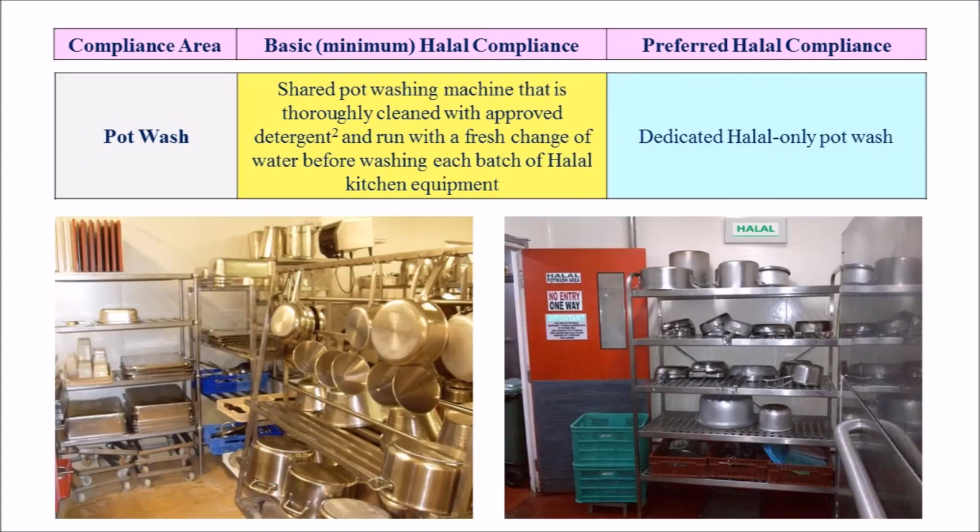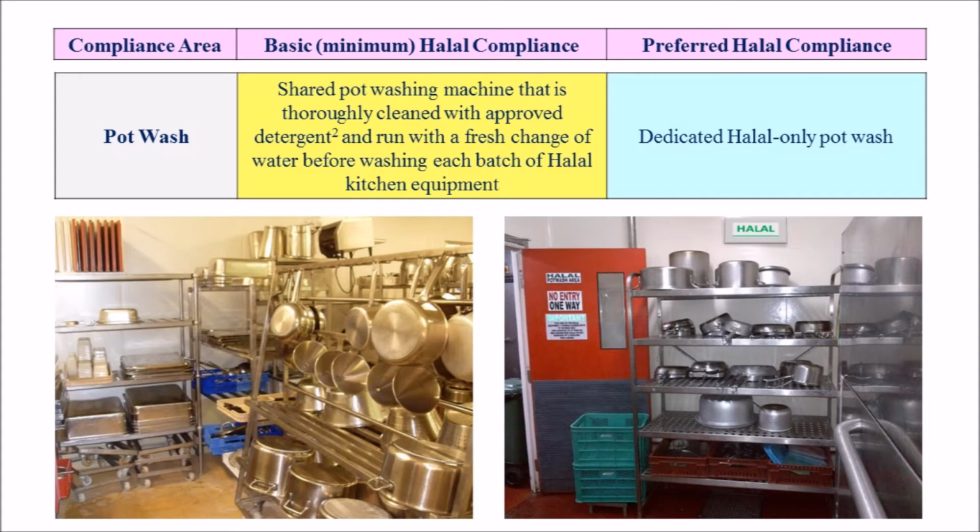Pot wash, same: shared pot wash. The pot washing machine must be thoroughly cleansed with approved detergent and run with a fresh stream of water before washing each batch of halal kitchen equipment. Same as ware wash, where you clean the carts and the equipment.